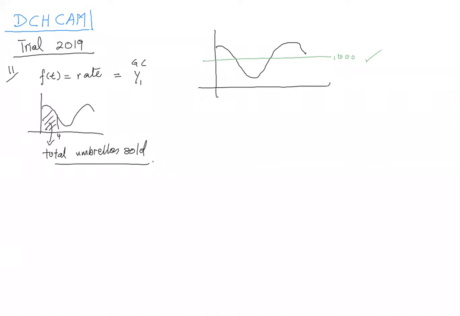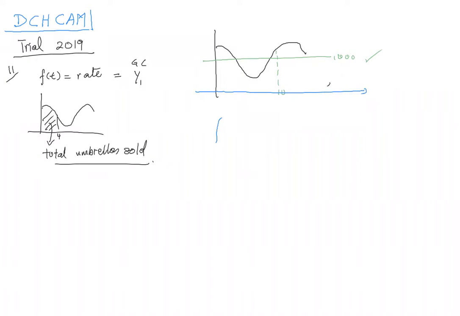Okay, when T equal to 10, the number of umbrella in the warehouse is increasing or decreasing. So 1,000 is here, 10 is around here. Yeah, okay. So you want to know whether it's increasing or decreasing. What you need to do is, can you tell me how to do this? You find the area bounded by 2 curves, right?